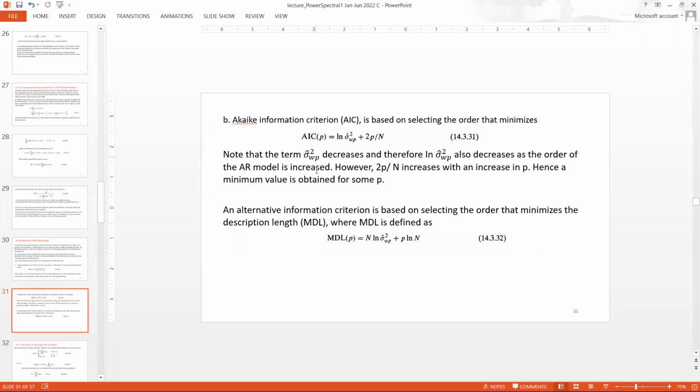So note that the term sigma caret square decreases and the term ln sigma caret wp square also decreases as the order of the AR model is increased. So model আমরা যেখানে বাড়াই তাহলে এই দুটো ভ্যালু কমবে, এটাই বলতে চাচ্ছি। However, twice p by N increases, এটা increases with the increase in p.